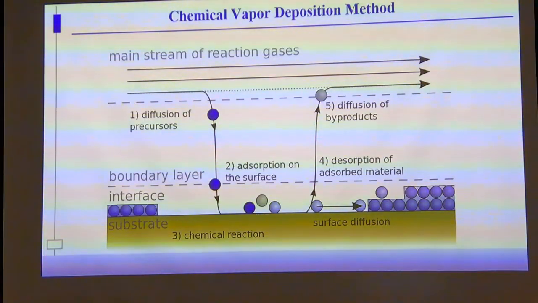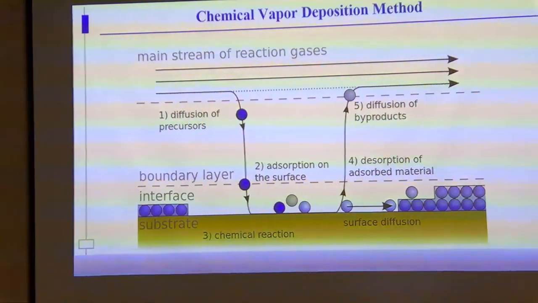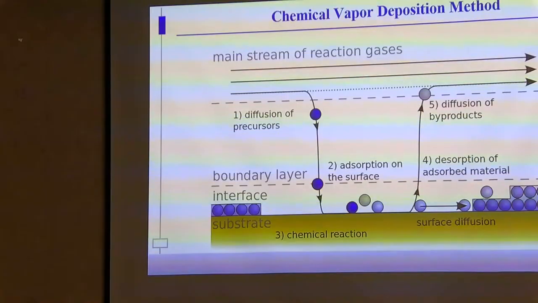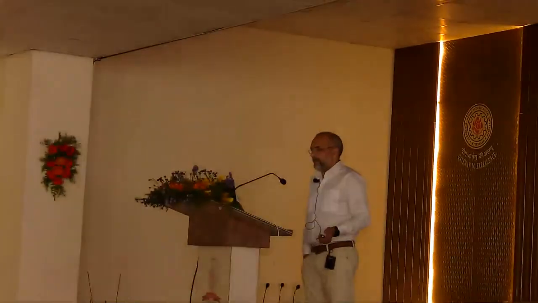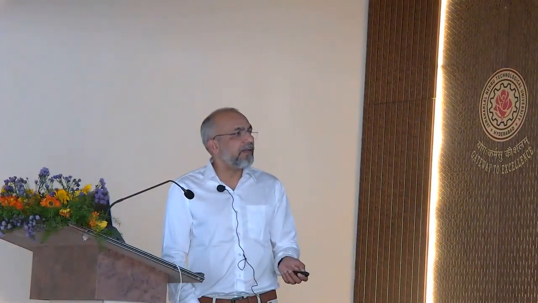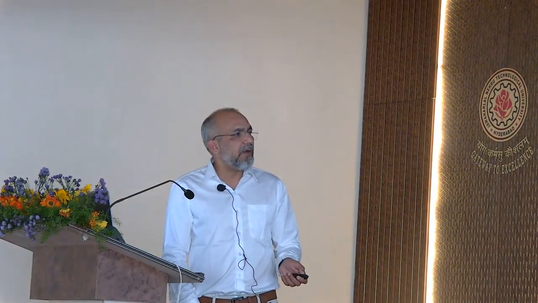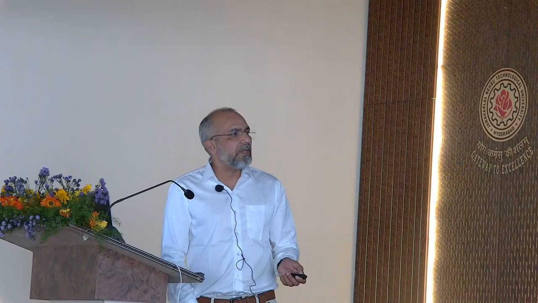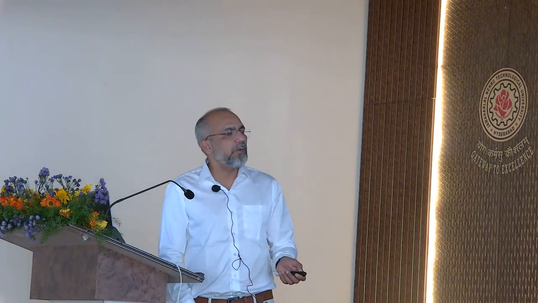So there are a total of 5 steps here: diffusion of precursor, absorption on the surface, chemical reaction, surface diffusion, and desorption of absorbed material, and finally diffusion of byproduct. And that's the boundary layer here. Under the boundary layer, you have the surface reaction, and on the top, you have the active precursor.